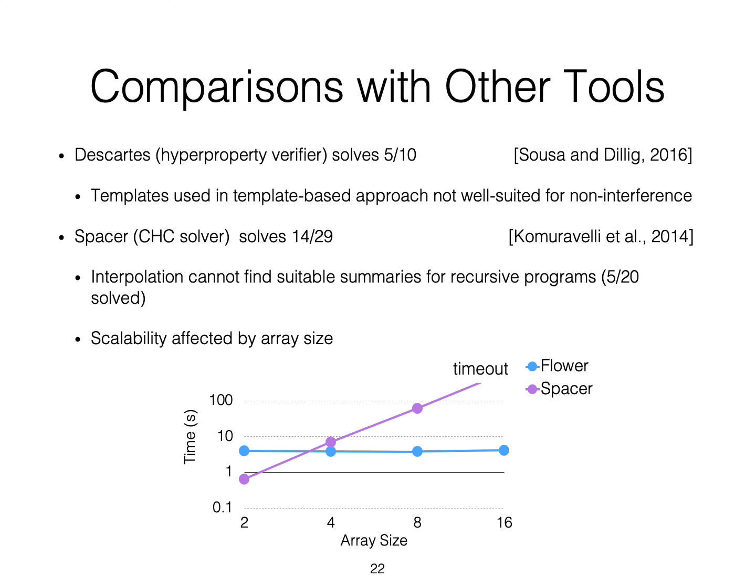Meanwhile, Flower, because of the templates that we use, is not too affected by the size of the array. Something to note is that Spacer is actually able to find quantified invariants. It just doesn't find the ones that allow it to scale for this example.